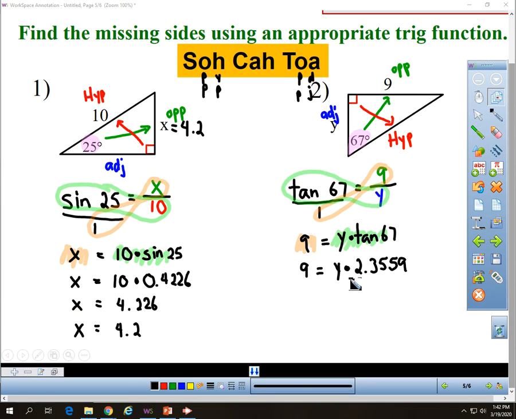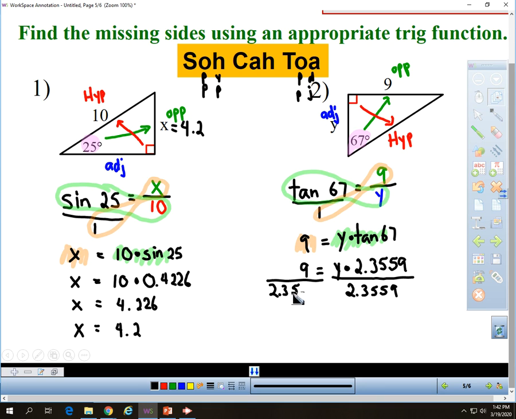Now the y is not by itself. In order to get that by itself, I need to divide both sides by 2.3559. 2.3559 divided by itself becomes 1. 1 times y is y. On the left-hand side, now I have to divide 9 by the denominator using a calculator.